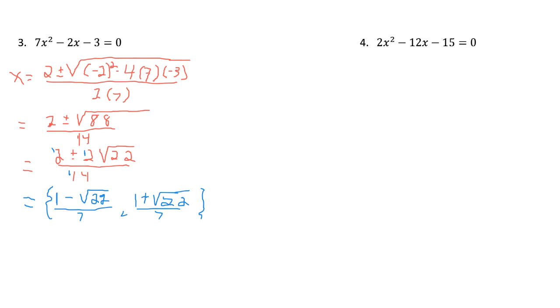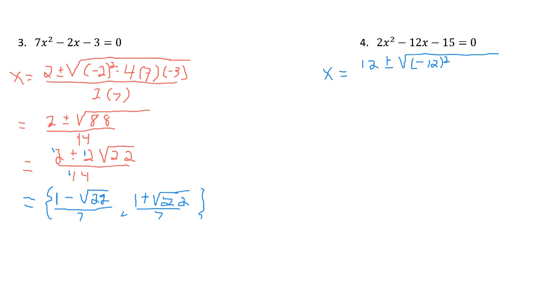All right, over to this one. X is going to equal opposite. B is 12 plus or minus square root of negative 12. If you don't put these in parentheses, it's not going to come out right in there for you. Have to be in parentheses.